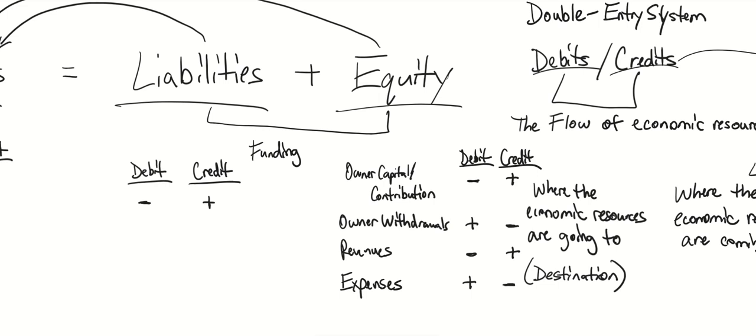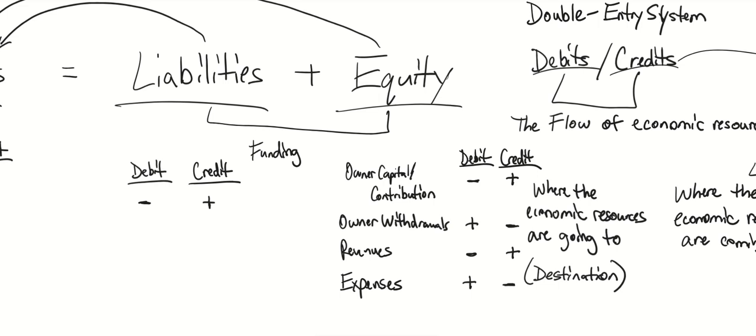Now we go down to revenue and expenses. These are our income statement accounts. Revenues, to increase the balance in that account is credit. To decrease it, you will debit it, and expenses are the opposite. So normally and ideally, you want to have your revenues greater than your expenses in order to generate a net income.